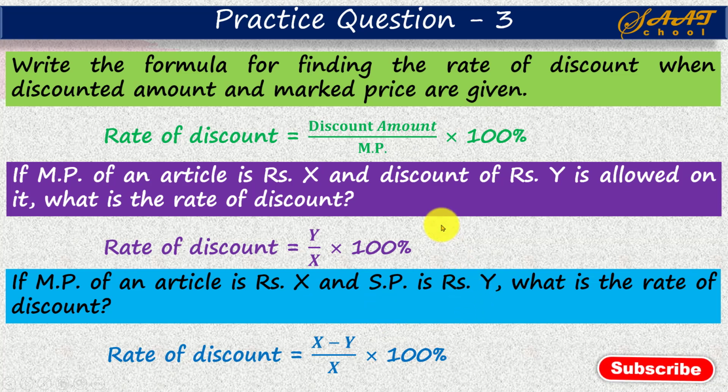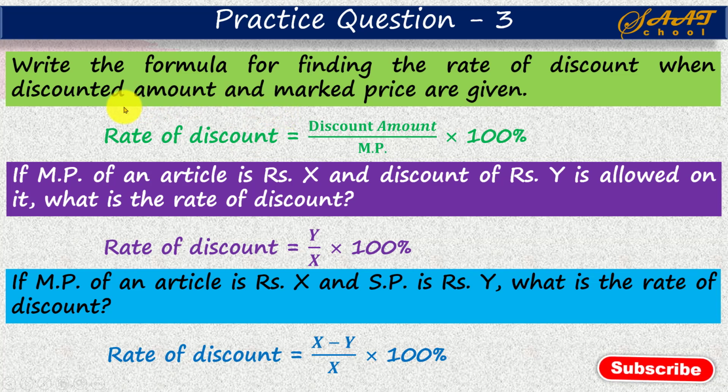Simply, discount amount, as we discussed in the first video, is the reduced amount from the mark price. That's why to find discount amount we have to subtract this Y from X, and this X is simply the mark price. So all these three questions are asking for rate of discount, but the scenario is different.